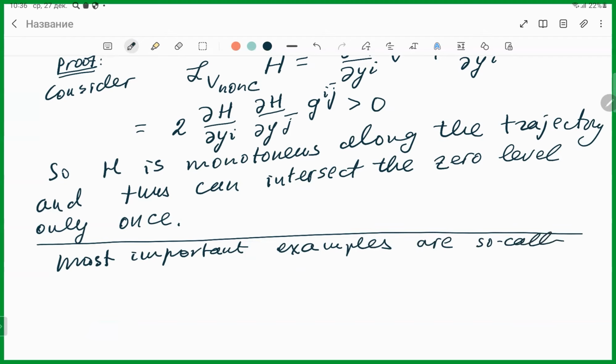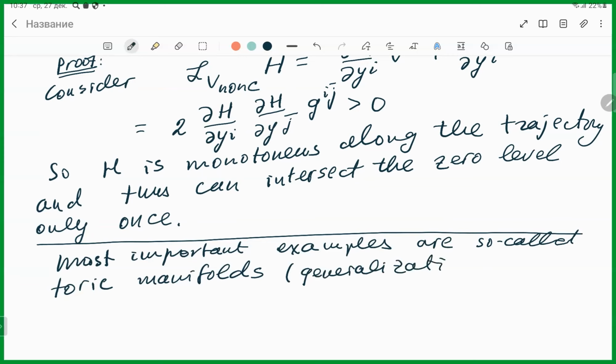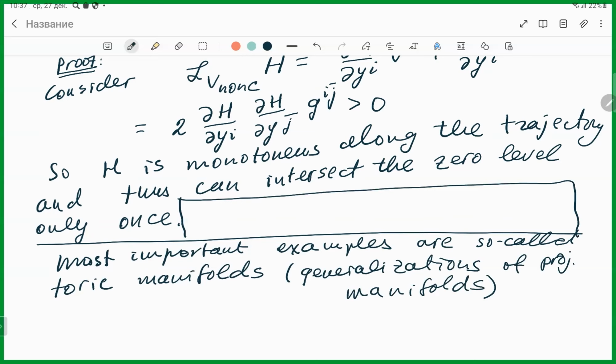They are so-called toric manifolds, that are generalizations of projective manifold. Before I give this example, let me tell you why I use this proof.